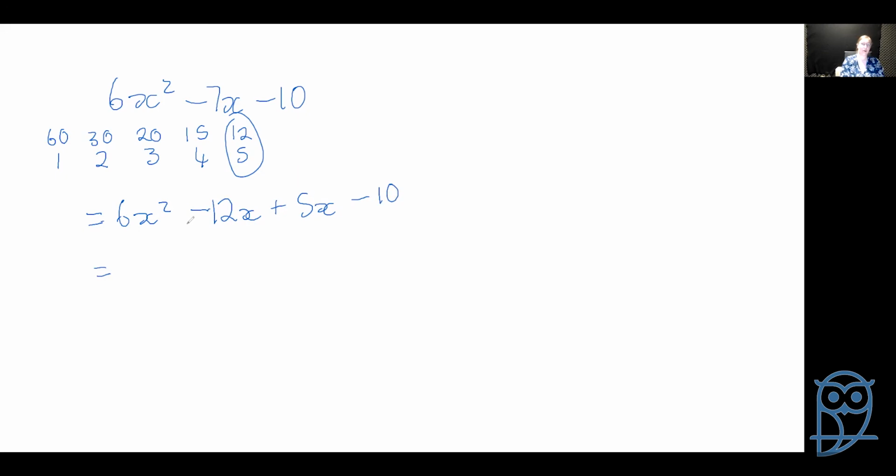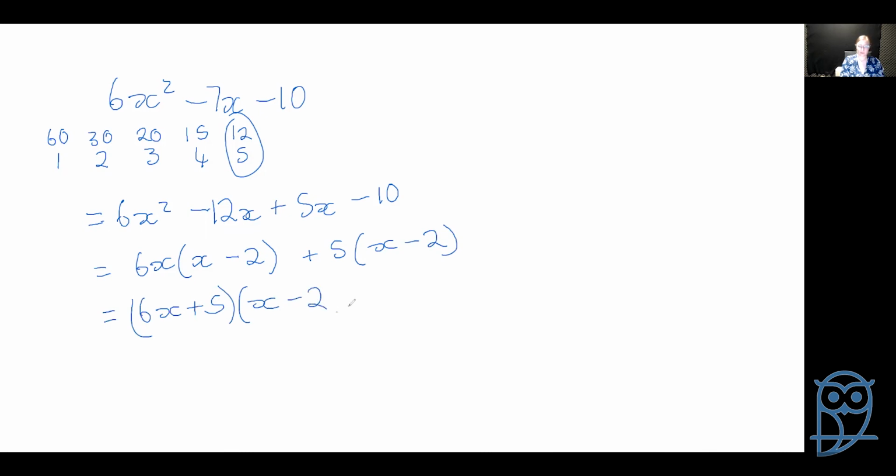So now we take out the common factors. So we have 6x over here. That's going to give us x minus 2. And here we've got 5 that we can take out. So here we have x minus 2. Then we take out common factor again. So we have 6x plus 5. And we have x minus 2. Okay, so that's the split B method.